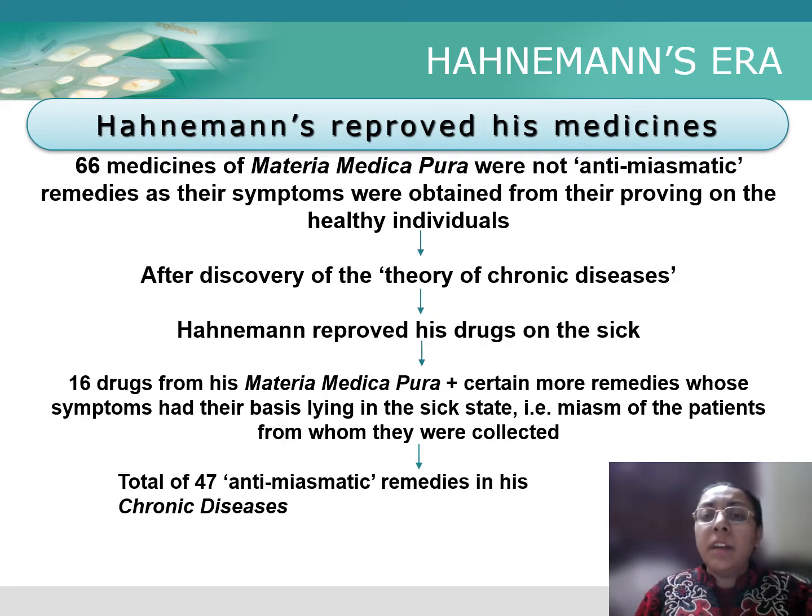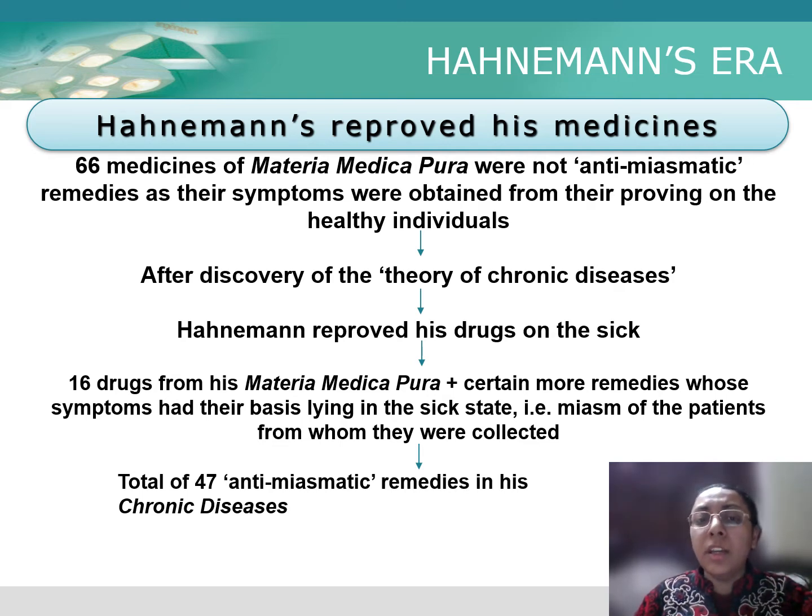Now, Hahnemann had reproved his medicines. Earlier, he had given his records of proving on the healthy in his Materia Medica Pura, which has 66 medicines, but these were not anti-miasmatic because their symptoms were obtained from proving on the healthy individuals and not from the sick individuals.